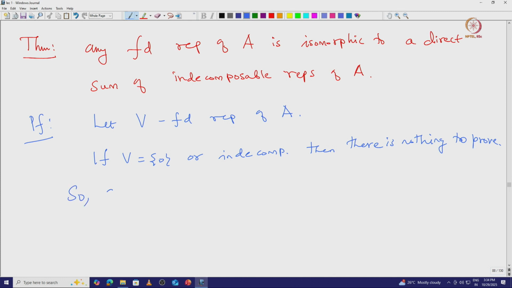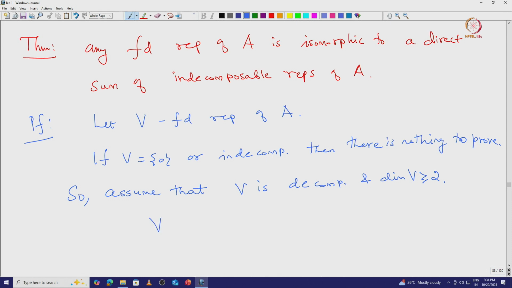So, assume that V is decomposable and the dimension of V is at least 2, because if it is dimension 1, then it is easy to prove that it must be indecomposable.